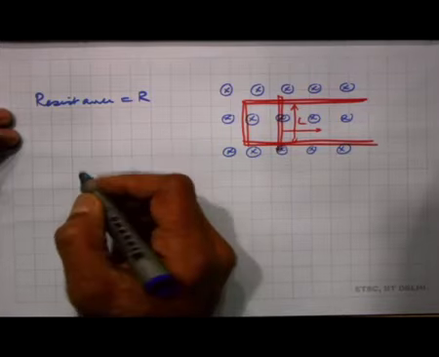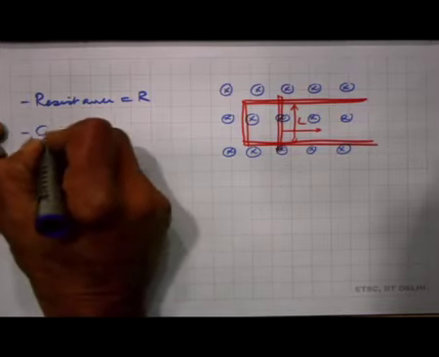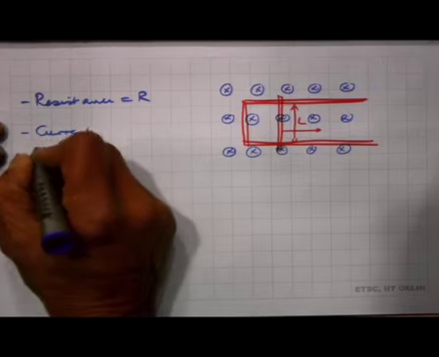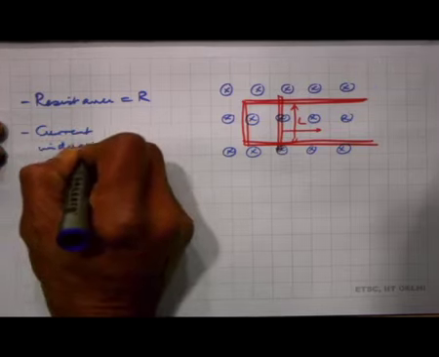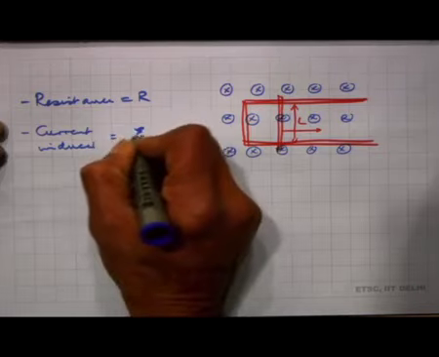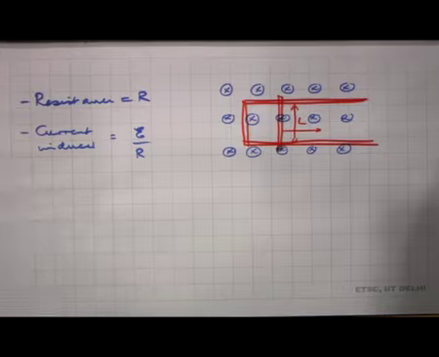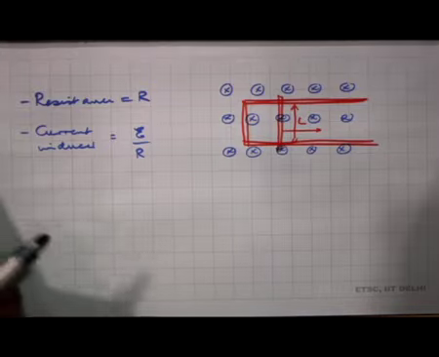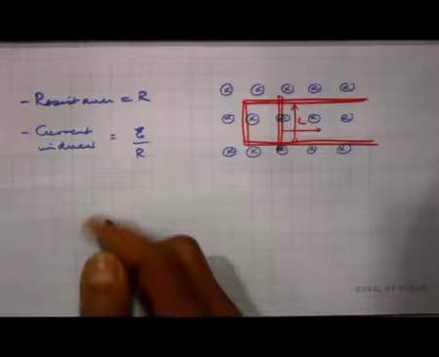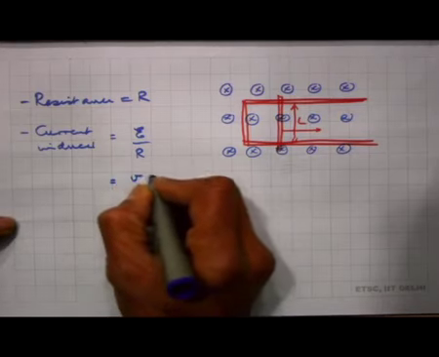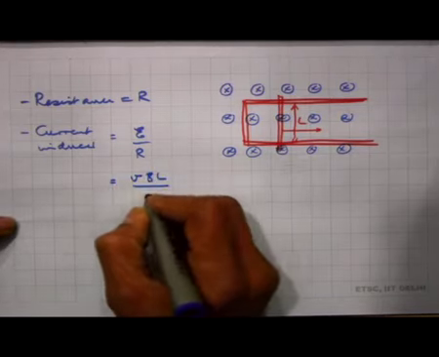So, the resistance is R. So, the current induced is equal to EMF by R, and EMF we have just calculated. EMF is V times B times L. So, this is equal to V B L by R.